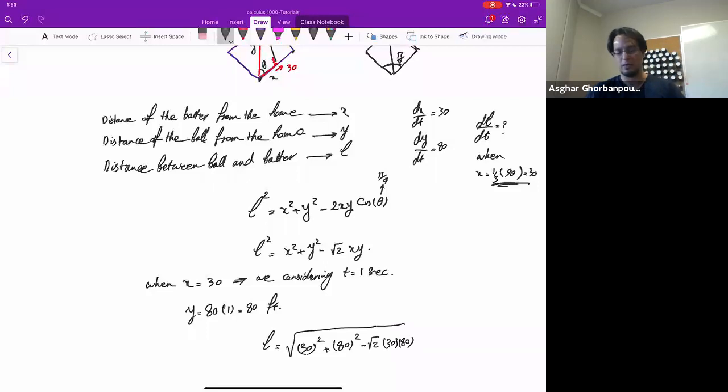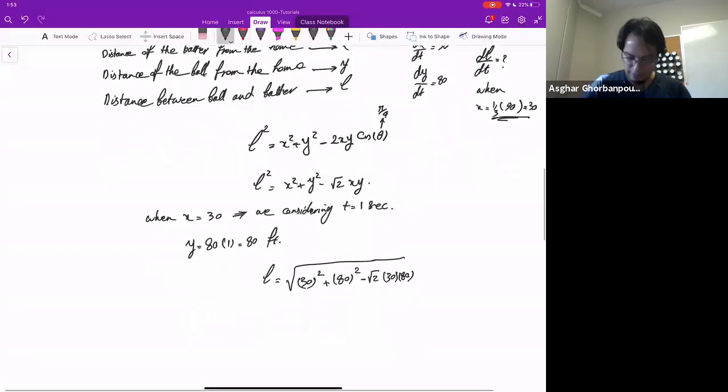Whatever the number is. Okay, so now that I have that, I can go ahead and find the relation between the related rates.